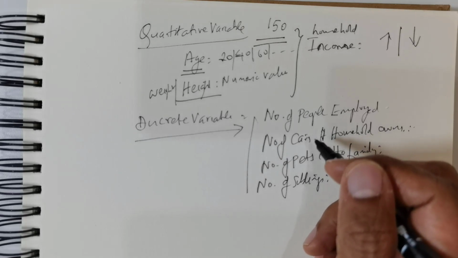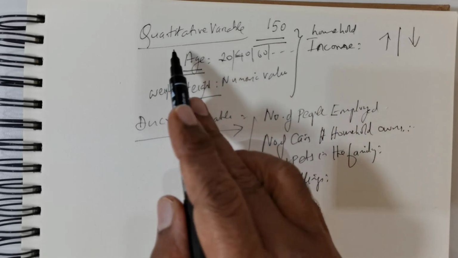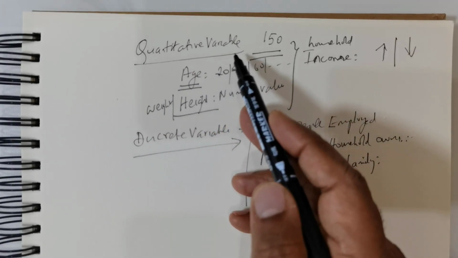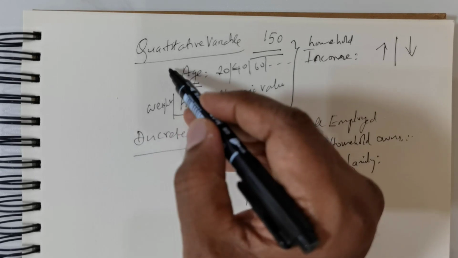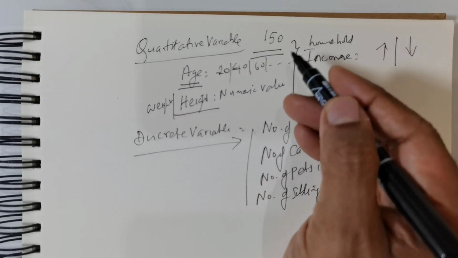So next is continuous variable. For example, I just mentioned quantitative variable, right? Now when I talk about quantitative variable, the quantitative variables are divided further into discrete and continuous.